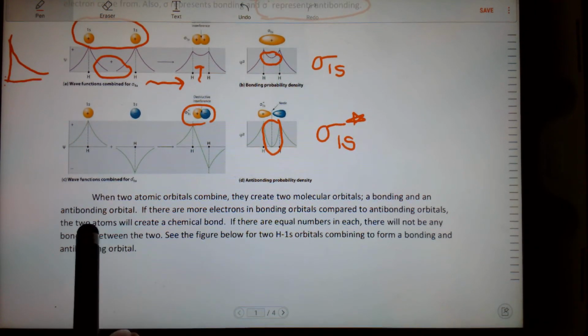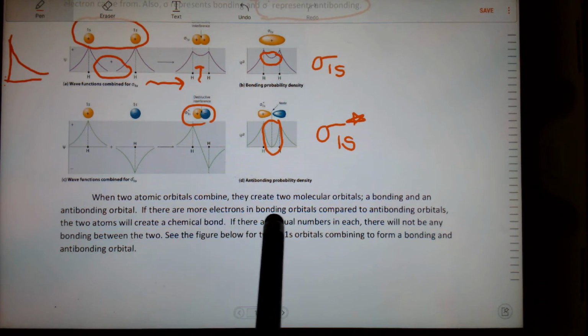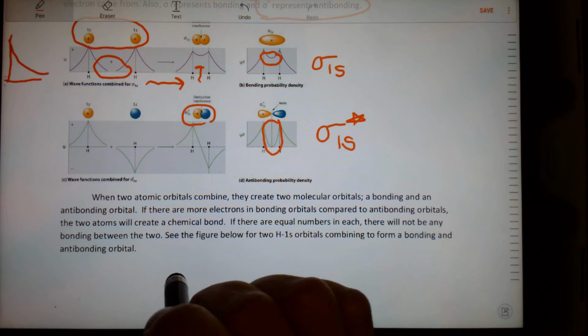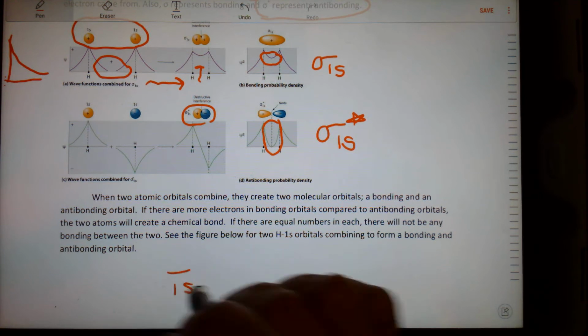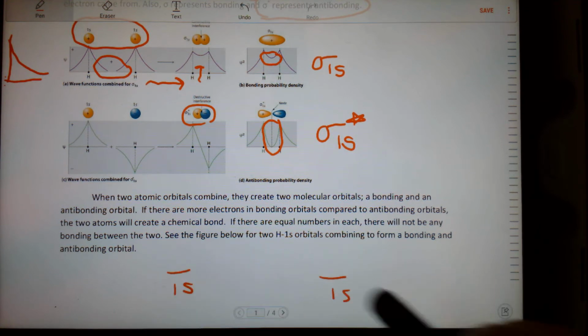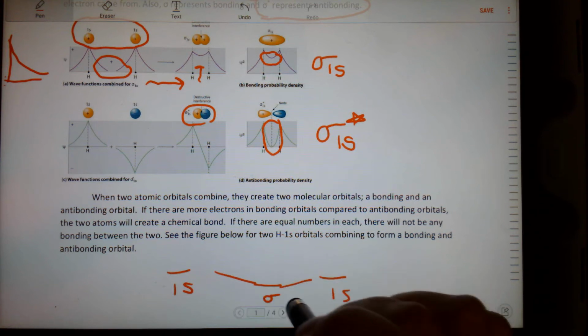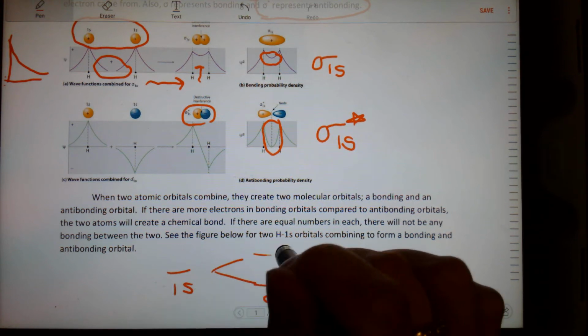Okay, so when two atomic orbitals combine, they create two molecular orbitals, a bonding and an antibonding. So it's kind of like a probability thing. When we combine a 1s with another 1s, they create two: the sigma, and then the sigma star.